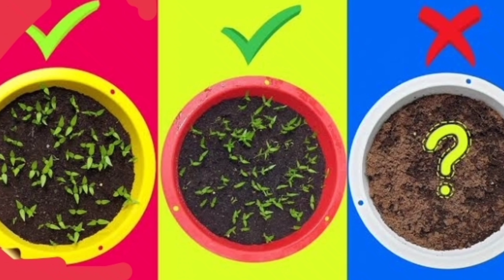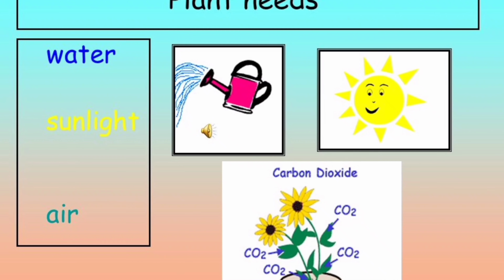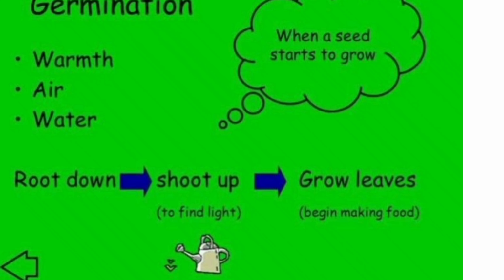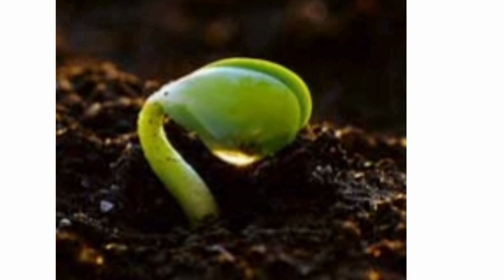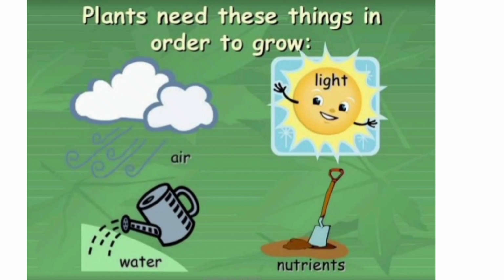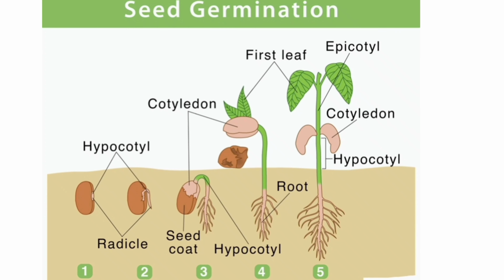What are the conditions a seed needs to germinate? It needs warmth, air and water to germinate. So we are going to see how a seed germinates into a new plant in detail. The seed gets air, water and warmth.